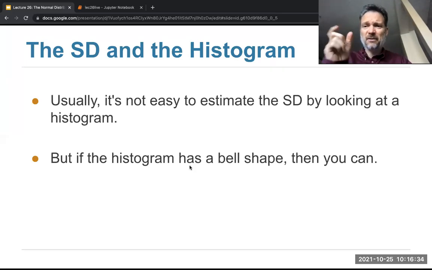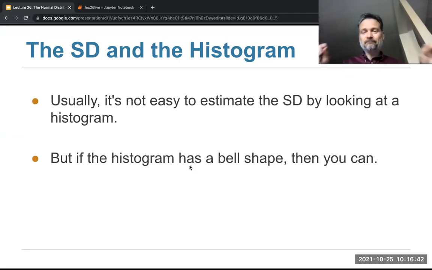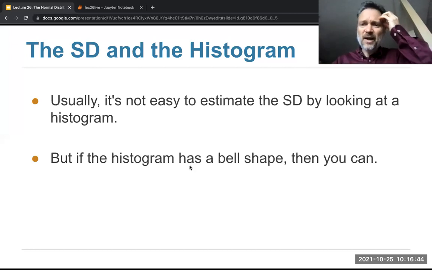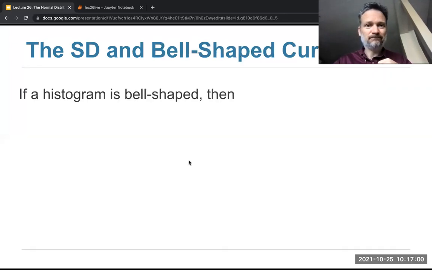That can be a little hard to tell by your eye. Unless, in one special case, if the histogram has a bell shape. If it's this bell-shaped curve, then there is a way that you can eyeball the histogram and get a pretty good idea of what the standard deviation will be. And the bell-shaped curve has a particular relevance and importance in statistics. So we're going to talk more about that later on in this lecture.